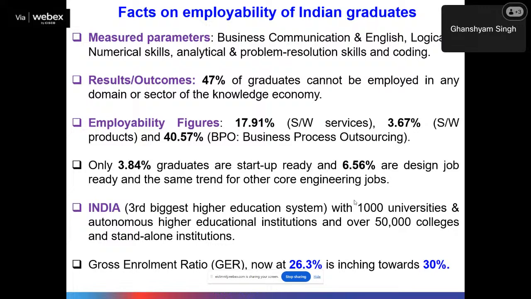And what did they find from that test? That 47% of graduates cannot be employed in any domain or sector of the knowledge economy. So that's another shocking data for us.